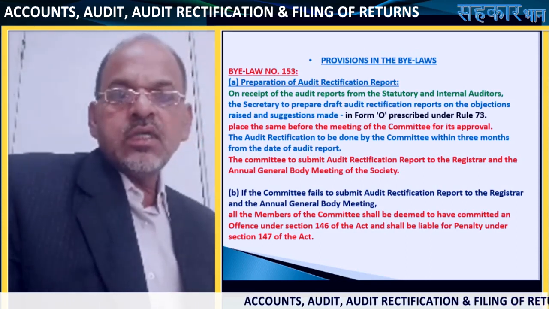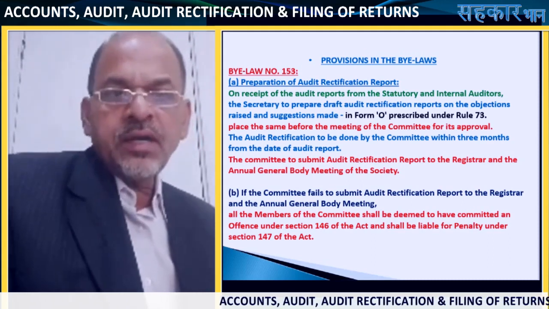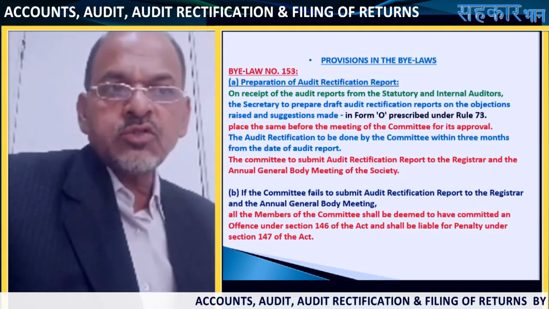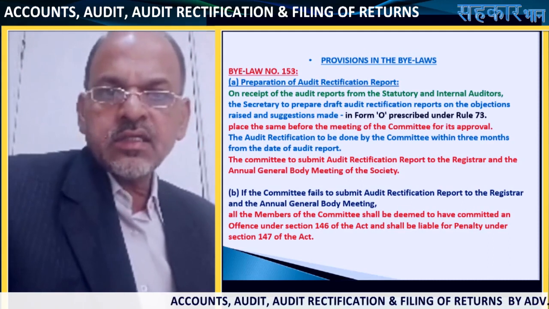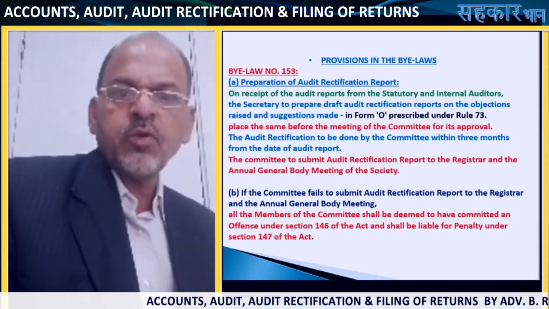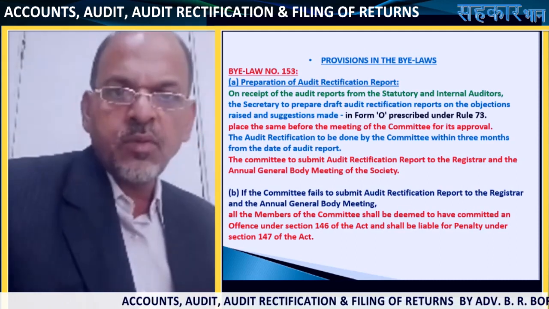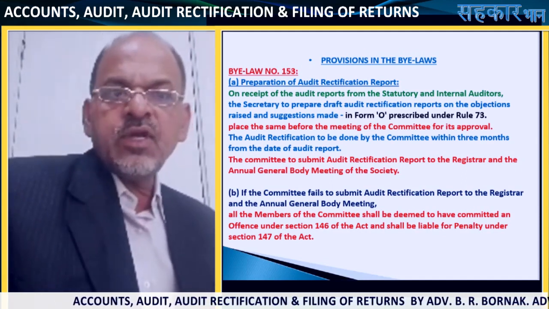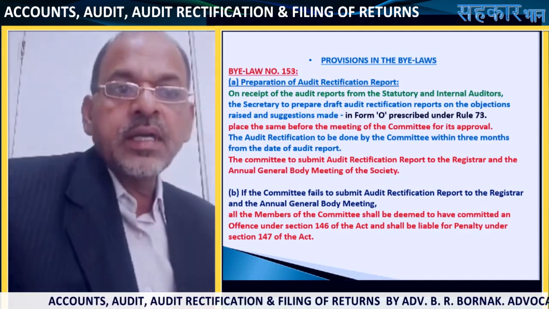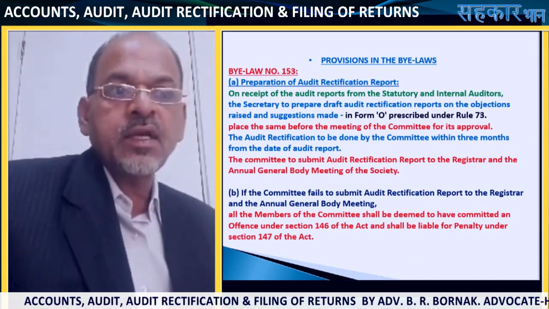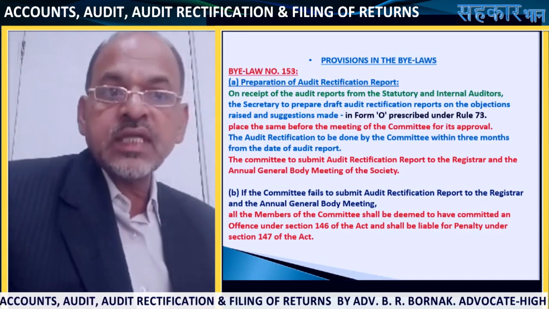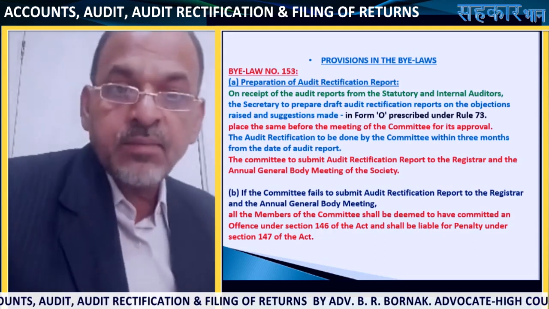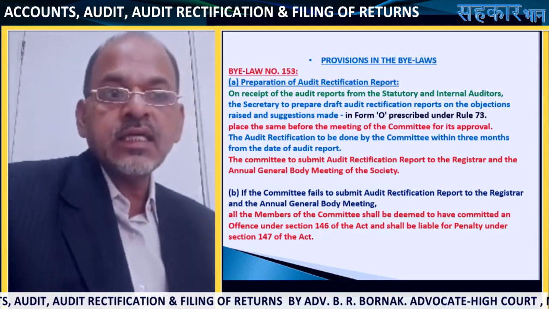On receipt of the audit reports from the statutory and internal auditors, because the bylaw allows appointing internal auditors, the secretary will have to prepare a draft audit rectification report on the objections raised and suggestions made by the auditors, that is either the statutory auditor or the internal auditor.